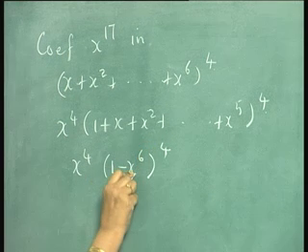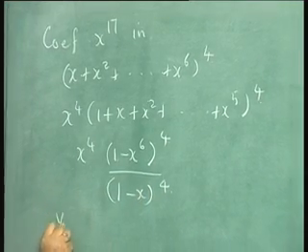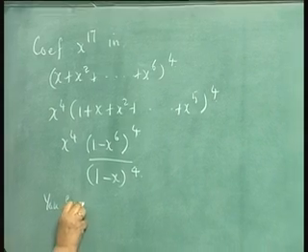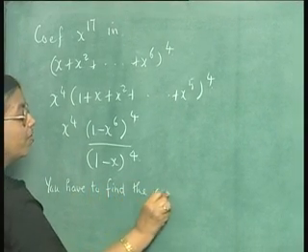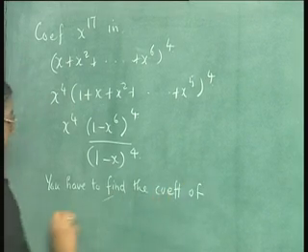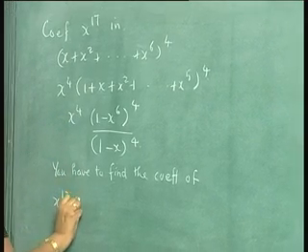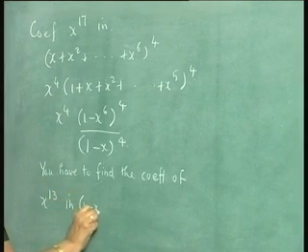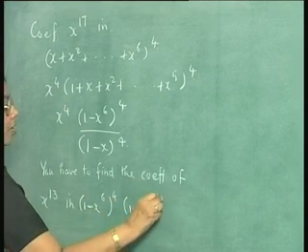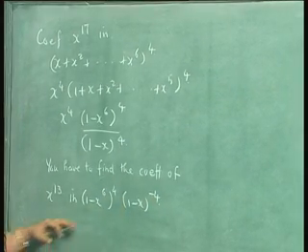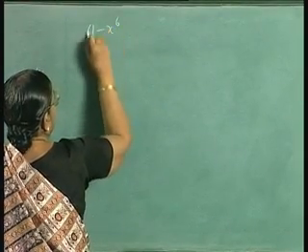(1 - x^6)^4 is 1 - 4x^6 + 6x^12 - etc. And (1 - x)^(-4) is 1 + 4x + (4 into 5 by 2 factorial) x^2 + (4 into 5 into 6 by 3 factorial) x^3 etc. So in the product we have to find the coefficient of x^13.